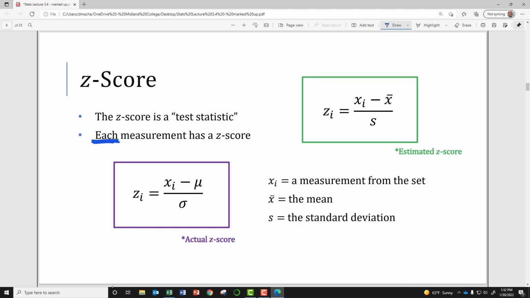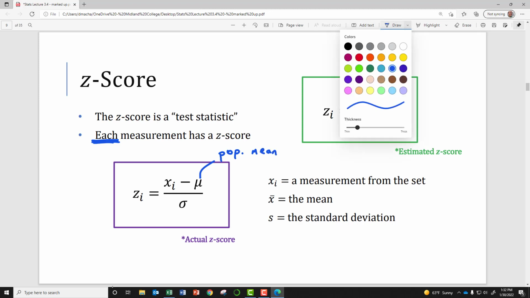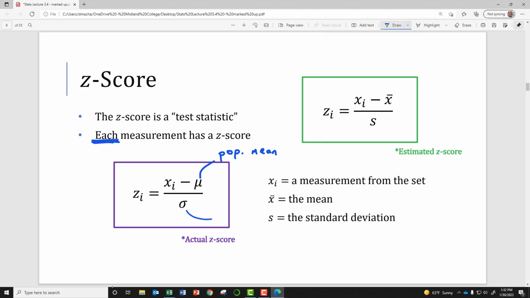Now, an actual z-score would involve the population mean, which we use the Greek letter mu to mean, and it also uses the population standard deviation. And this is what we'd call an actual z-score.